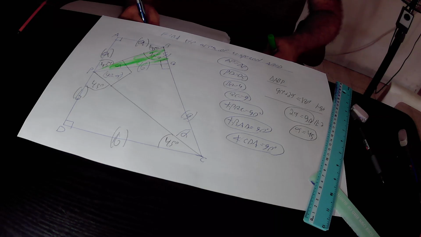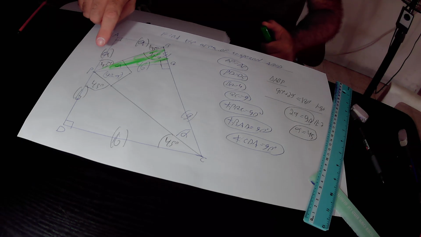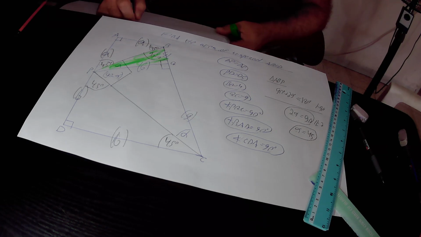Actually, the area of trapezoid ABCD must be equal to the sum of the areas of the three components that trapezoid ABCD consists of. The first component is the right triangle ABP, so it is the area of the right triangle ABP.